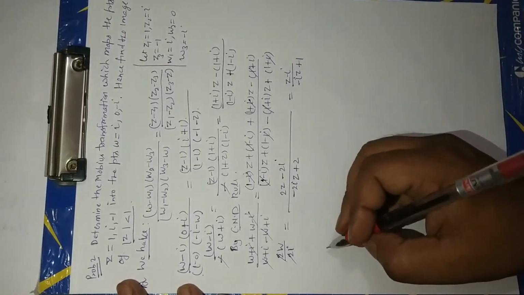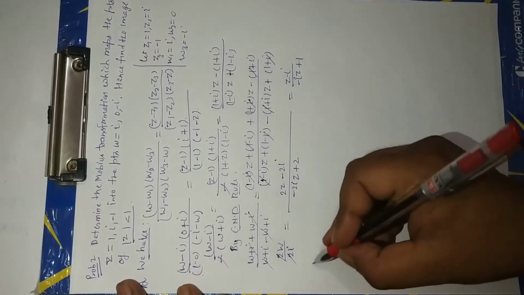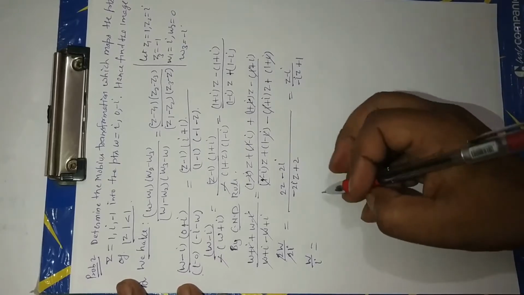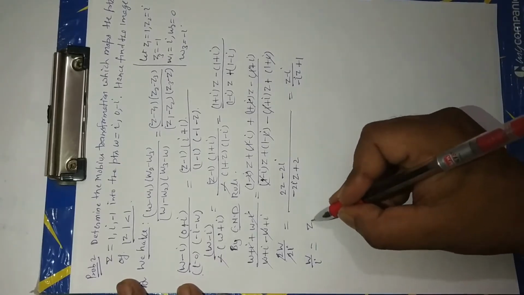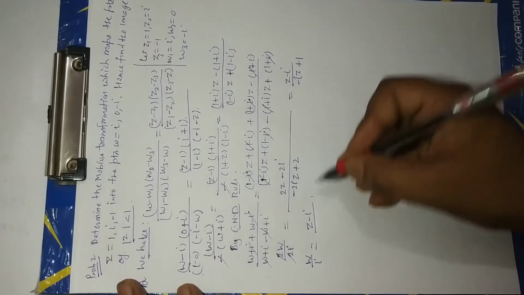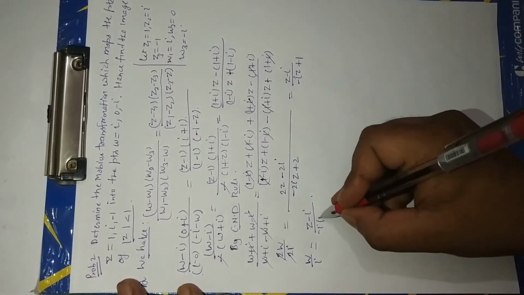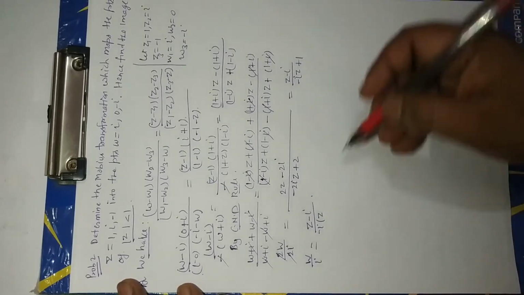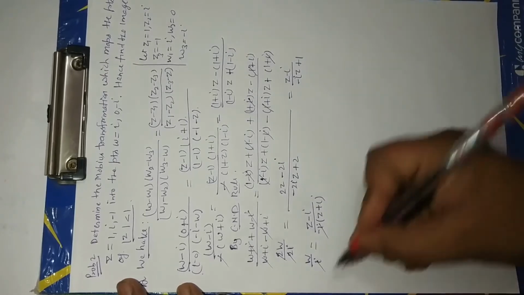Now w upon i equal to (z minus i) upon minus i common, (z plus i). Now i cancels by i.